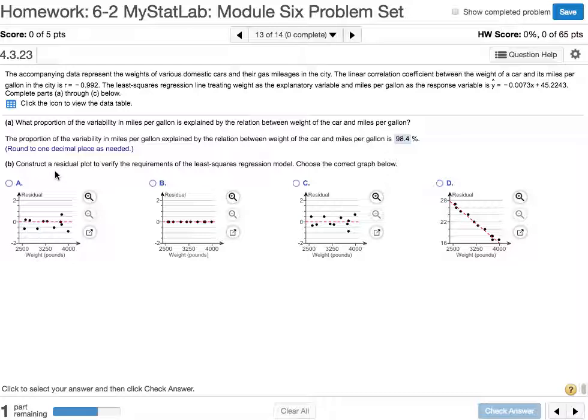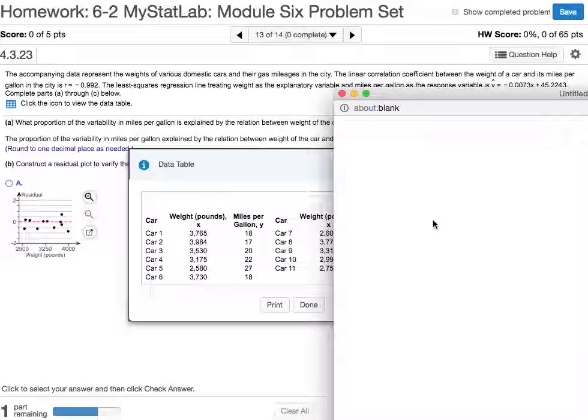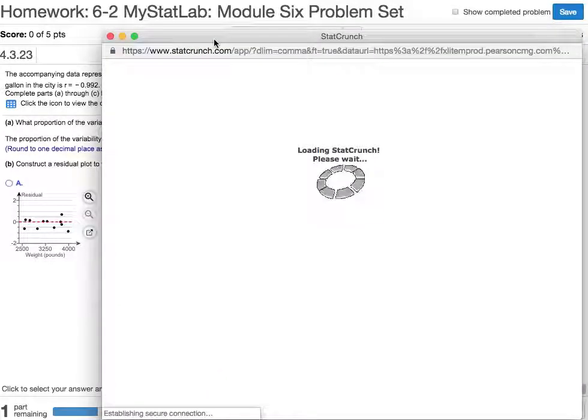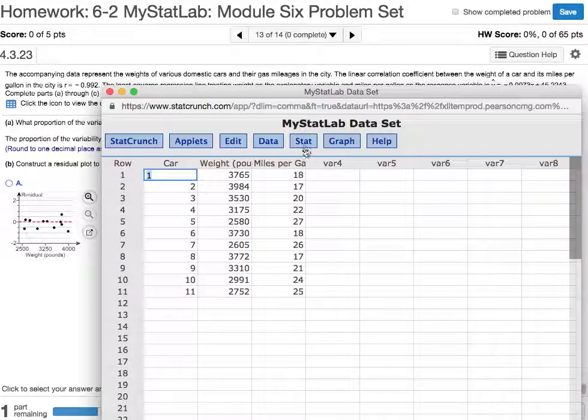And here we have: construct a residual plot to verify the requirements of the least squares regression model and choose the correct model below. So here what I'm going to do is take the data, put it into StatCrunch, and then calculate the least squares regression line.